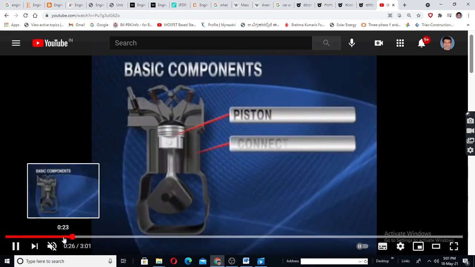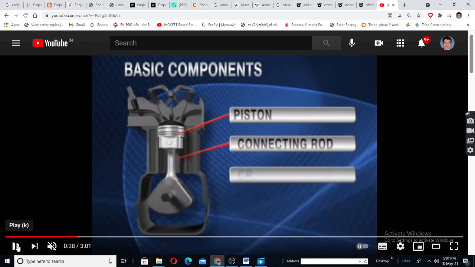See, this is an IC engine. This is the inlet pipe. This is the outlet pipe. This is fuel intake. This is the inlet valve, which is held closed by the spring. When it is actuated, this will come down and will get opened. Similarly, this is the outlet pipe and outlet valve.